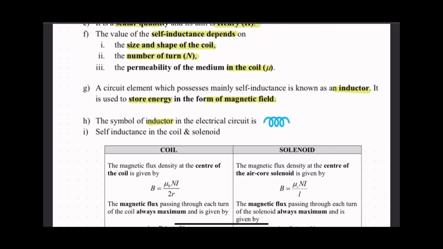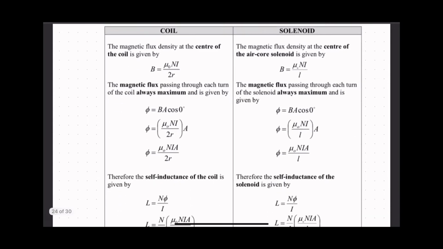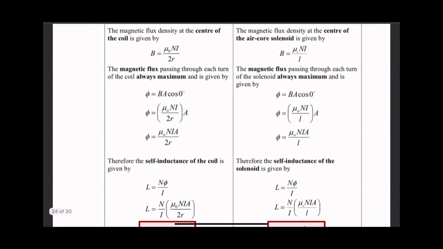So the inductor you will meet in the next chapter. In the next chapter you will learn three electrical circuit elements: resistor, capacitor, inductor. So that's why you have to learn the inductor first. Okay, self-inductance in the coil and solenoid. Usually two, coil and solenoid. The difference is in the formula. For a coil, you know what B is, you learned in chapter 4.